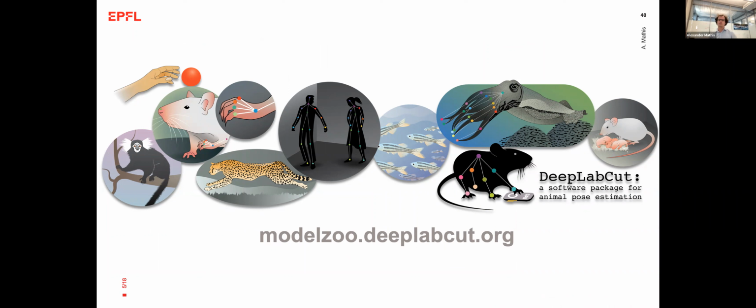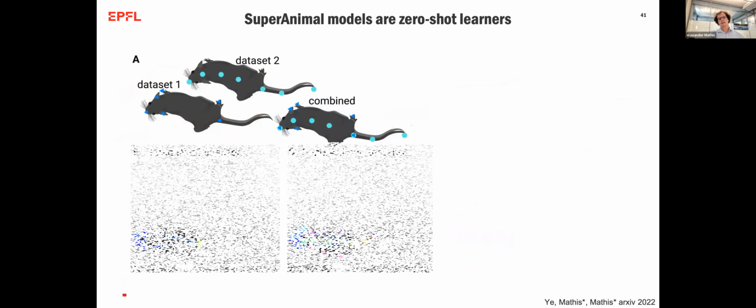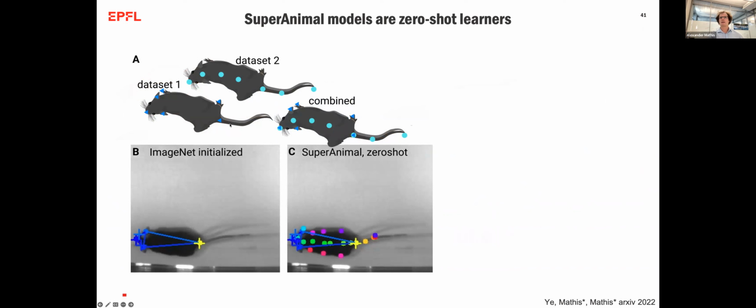But of course, one challenge for us is that there is not a lot of annotated pose estimation data out there in comparison to, for example, bounding box detection, for which you can find much more data. In particular, one problem is that different data sets often have very different key points annotated, okay?